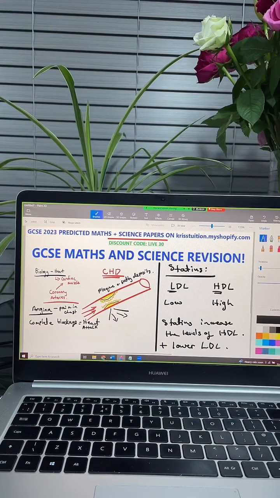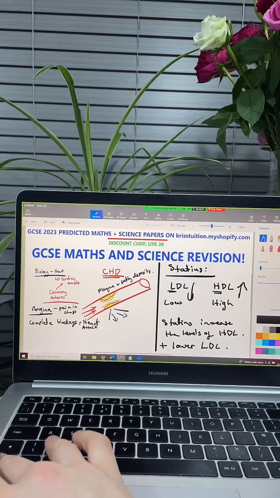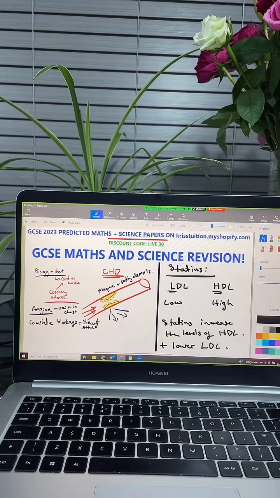Okay, and by doing that, actually what the HDL does is the HDL lowers your LDL levels, okay? Your HDL is able to turn LDL into HDL. And by lowering the LDL, that's going to decrease this. By increasing the HDL, that's going to further decrease this. So the levels of your bad cholesterol will overall keep going down. And that's kind of the main idea behind statins.